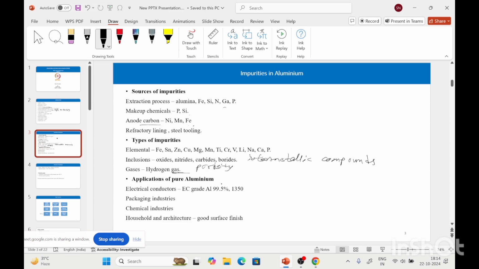The application of pure aluminum is generally in electrical conductors. In electrical applications, the 99.5% aluminum EC grade is generally used. The 1350 is one of the designations used in electrical conductors. Next is the packaging industries, like we can see aluminum cans and containers.